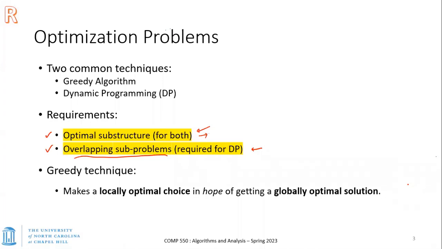Then, if there's a recursive solution, does that have overlapping subproblems? So you can think of breaking it down into a sequence of questions rather than attacking the problem all at once.